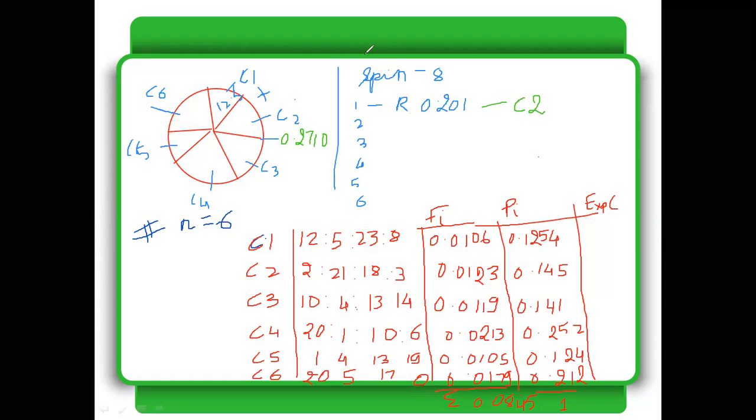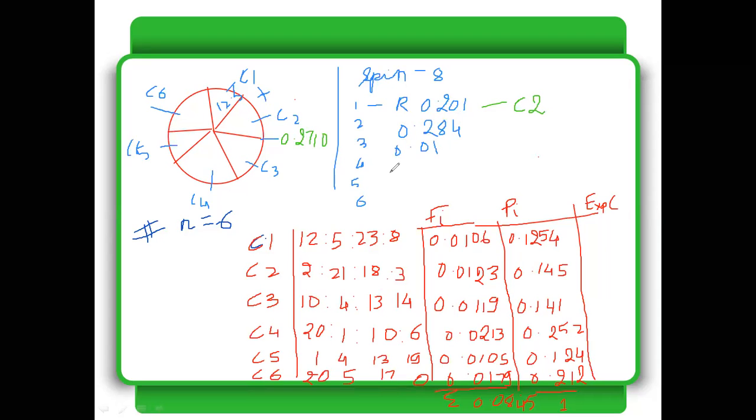Let's say now for the next spin, my value which is coming out to be is 0.284. Similarly, in spin 3 it is 0.01.